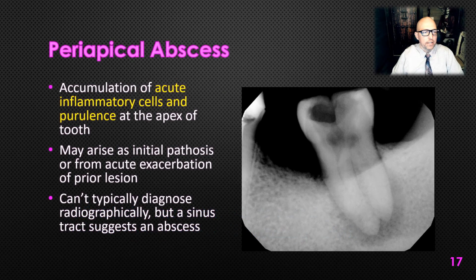All right, we said abscess was a term for more acute inflammatory cells and purulence. So this is more of a clinical than a radiographic diagnosis. If you wanted to get your final diagnosis and know exactly what type of cells are in there, you would have to do histopathology to determine that there were acute cells in there. But if you see that there's pus arising from a lesion, if you have a sinus tract, usually that's because pus eats its way through the bone, and you can have a sinus tract, and that's more likely to be associated with a periapical abscess.